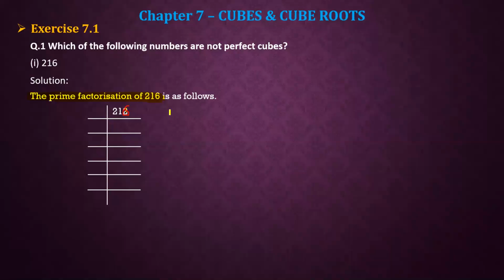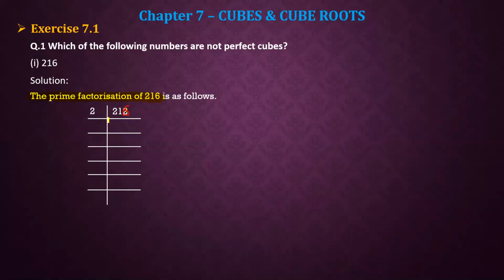In prime factorization, if the given number is even, then we start with 2, and if that number is odd, then the first prime factor is going to be odd. But here 216 is an even number, so obviously the first prime factor is going to be 2.